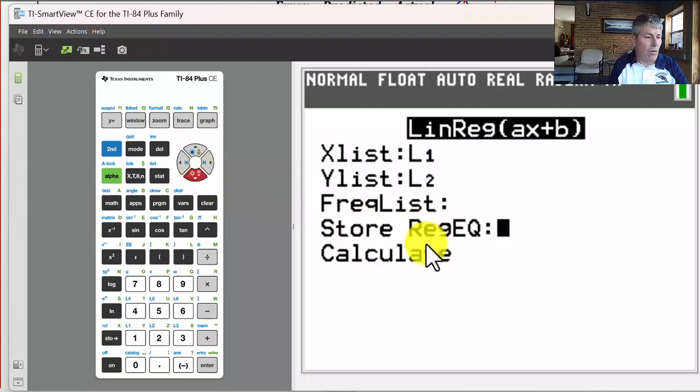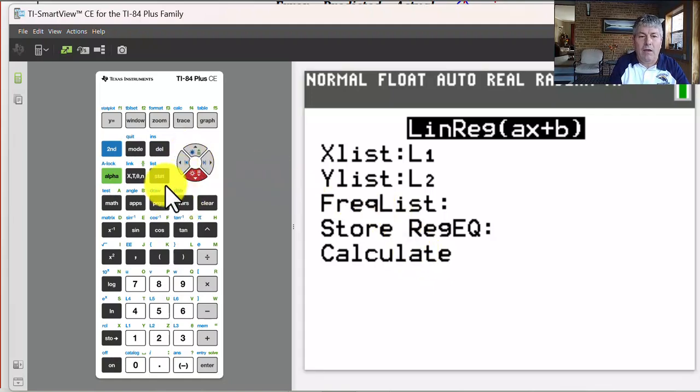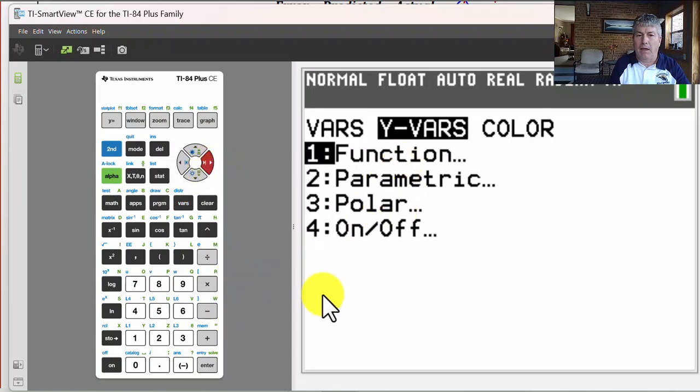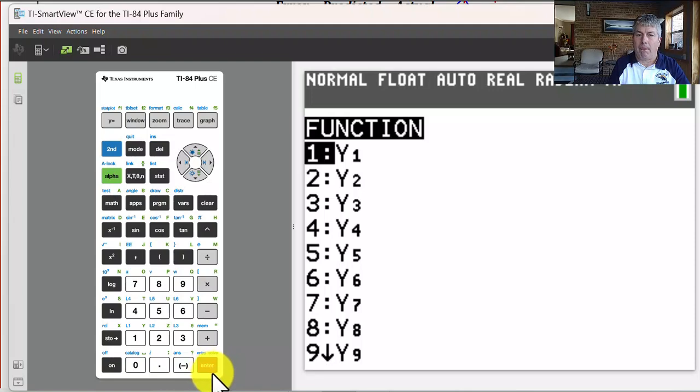When we store our equation, we're going to go in the vars menu here. So right next to the program and the clear key, vars, and then we're going to go y and function. And we'll go ahead and store this in y1.